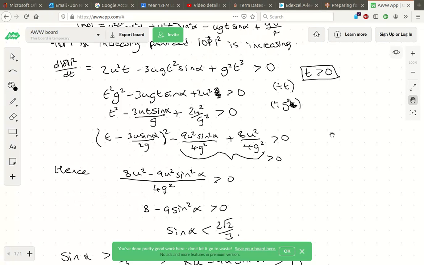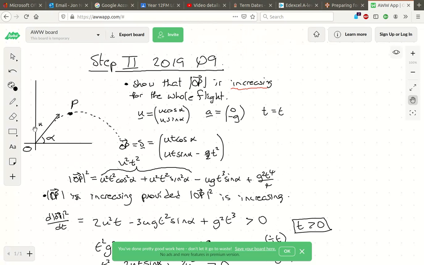Now, when does the object land? Well, if you go back up here to this bit, you can see straight away that the object lands when 0 equals ut sine alpha minus g over 2 t squared. And if you factorize that and rearrange it, you'll see that it lands when t equals 2u sine alpha over g.